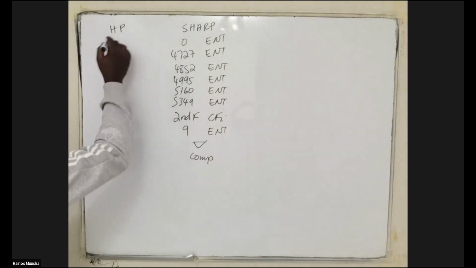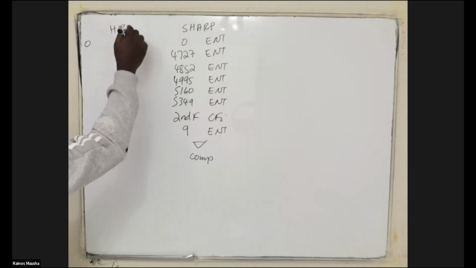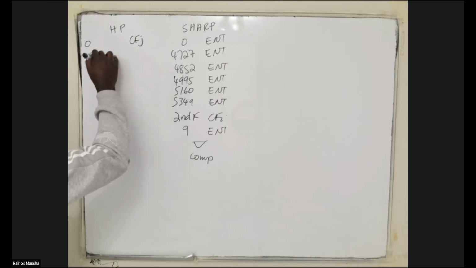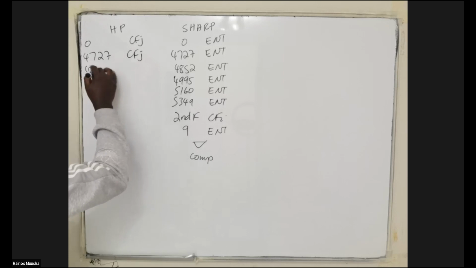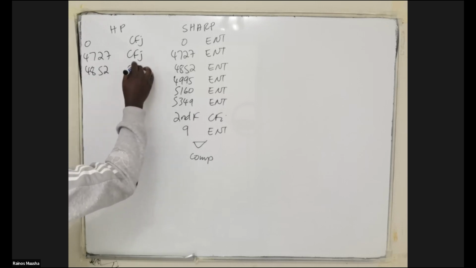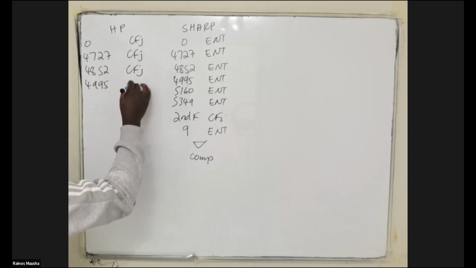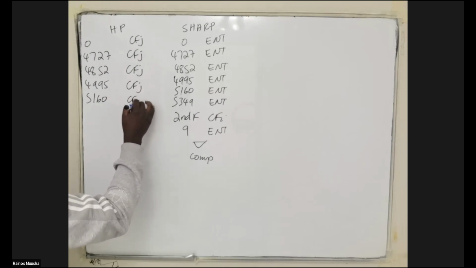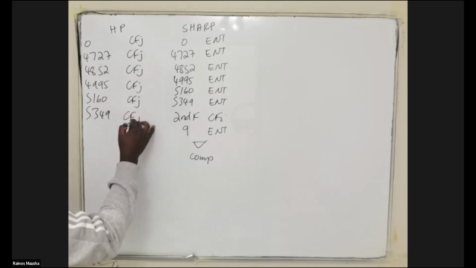And if you're going to be using the HP calculator, you're going to say 0. You always have to acknowledge the cash flow for year 0 all the time. And then CFJ, then 4727, CFJ, 4852, CFJ, 4995, CFJ, 5160, CFJ, 5349, CFJ.